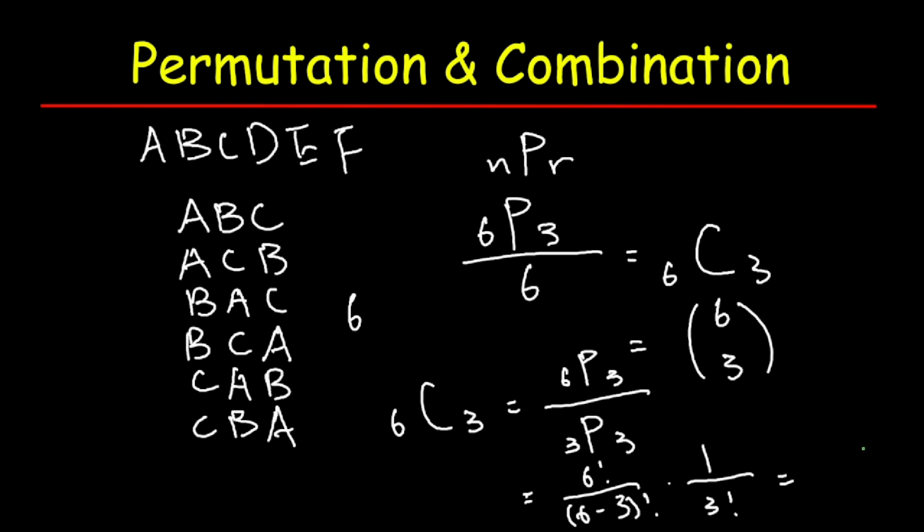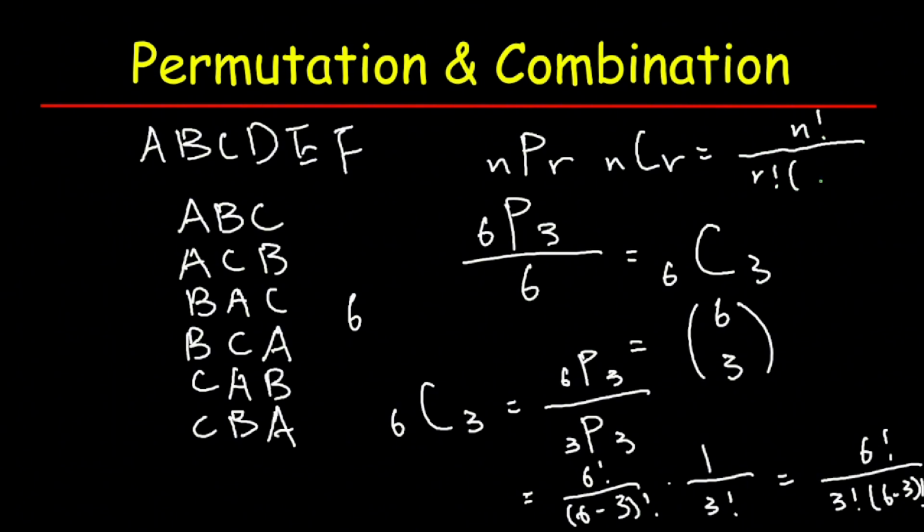So this is, if we write it completely, 6 factorial over 3 factorial times 6 minus 3 factorial. In general, we can write nCr equals n factorial over r factorial times n minus r factorial.